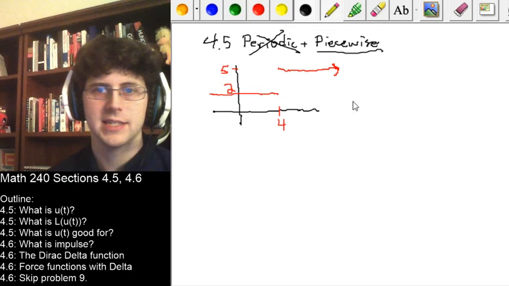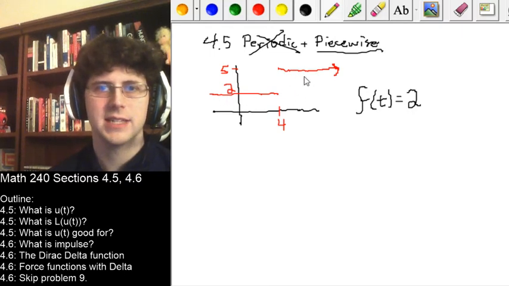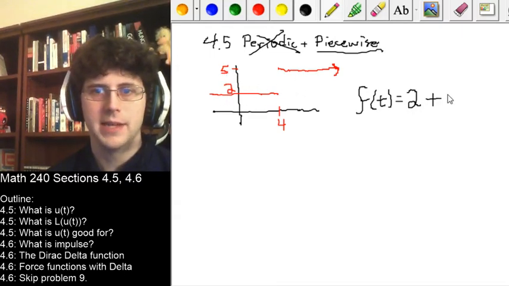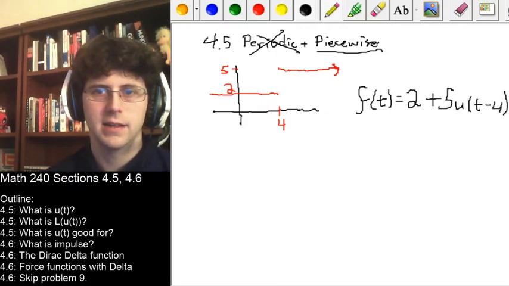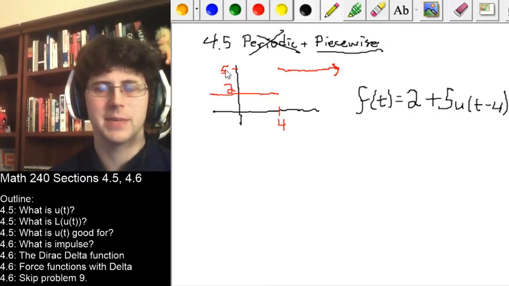The way you do this is you say, okay, well, this function it's 2 at first. And then at a certain time, something turns on. We don't want this. This would start at 2, and then at time 4, suddenly this like extra 5 newtons would turn on. We don't want to ever get 2 plus 5. That would make it come out to 7.